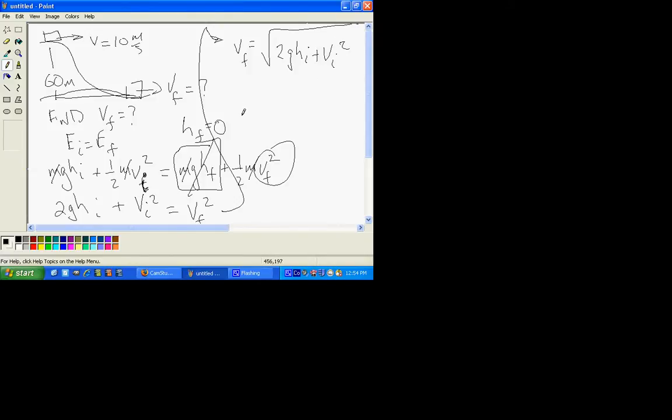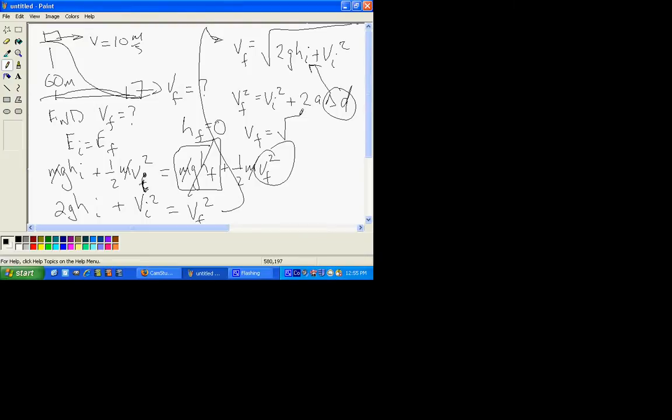What's really interesting is we've come to this conclusion from energy, but had we dropped a mass using our old kinematics equation, v final squared equals v initial squared plus 2a delta d, you'll notice that this is the exact same equation, because delta d corresponds to the original height.